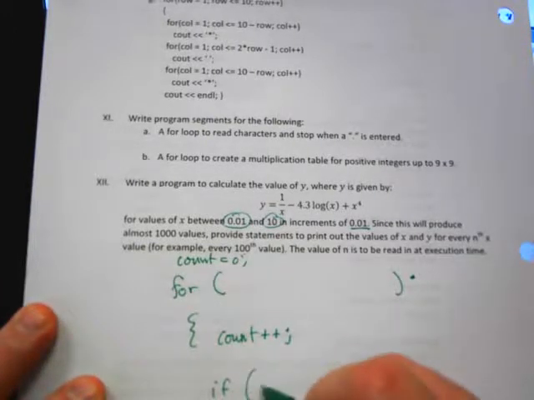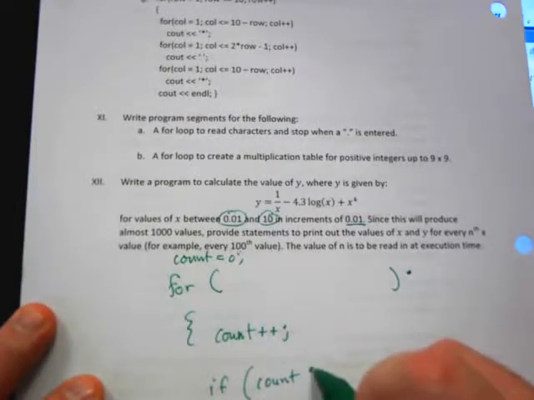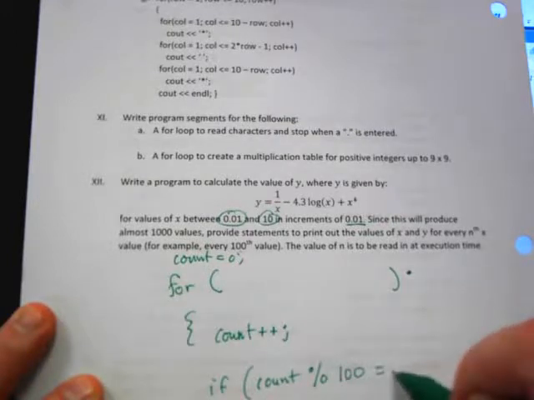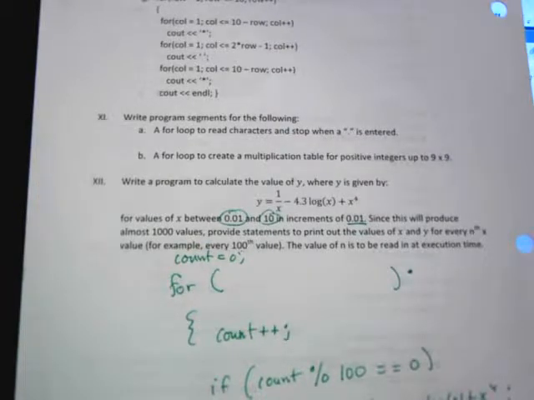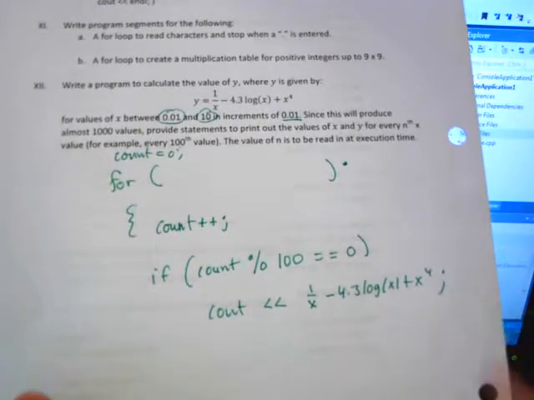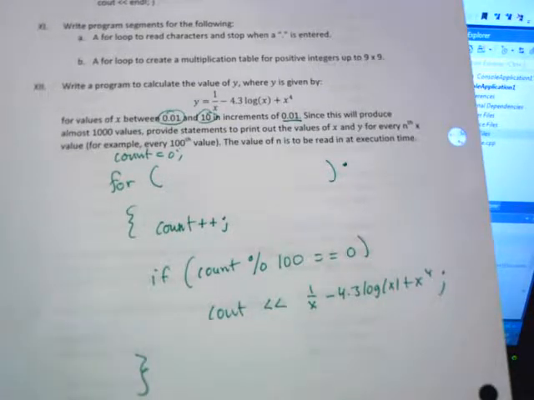If count modulus 100 equals 0, and then we would do our cout: 1 over x minus 4.3 log x plus x to the 4th. Okay, so I think that's what you would have to do for that one.